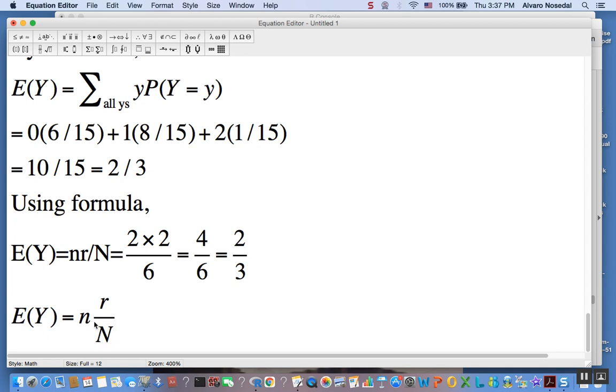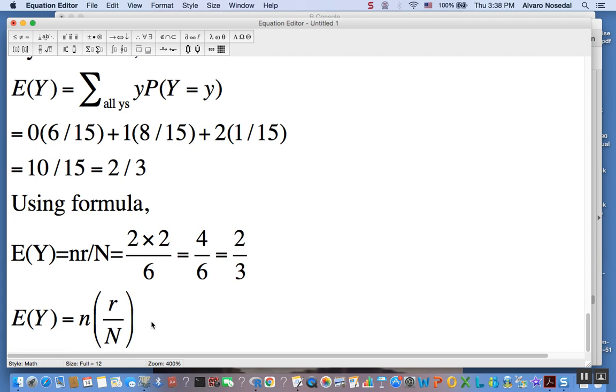And you could think about this as the probability of success in your sample. So it's kind of like p. So n times p. It's similar, right? Okay.